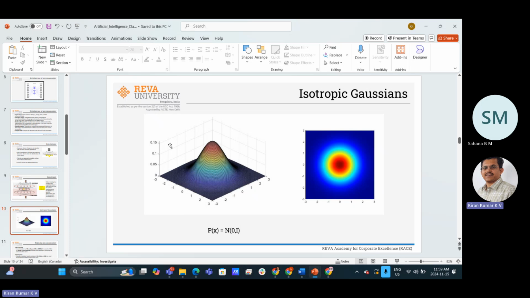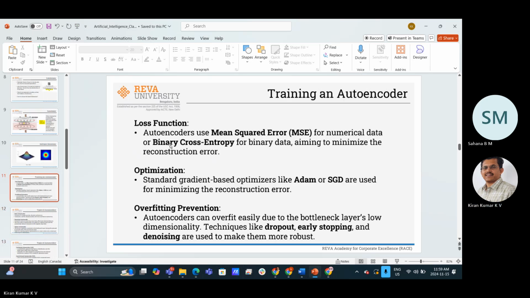This is enough. If you know this, you know more than half of the mathematics. As I said, mean square error, or the loss function, plays an important role here.